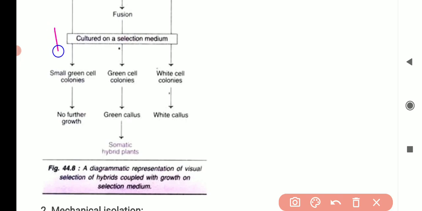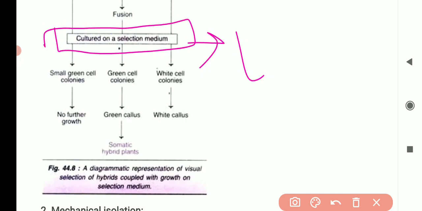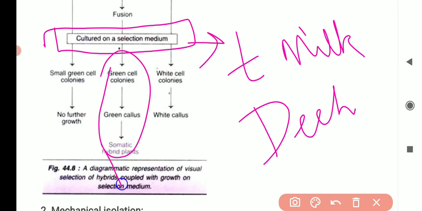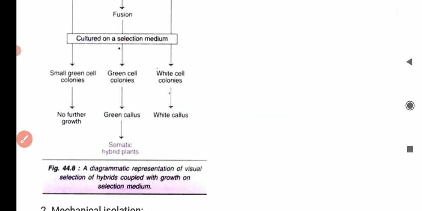So you make tea with milk. Remember, tea with milk was Miss D Hun's specialty, right? So Miss D, she will like the tea. Miss Rimaya, she won't like it, and Miss Amy, she won't like it. You understand? So that is what is meant by selective media.